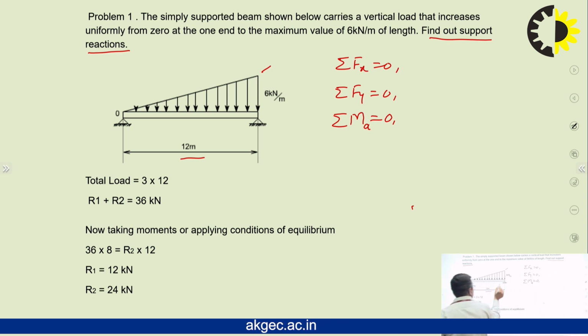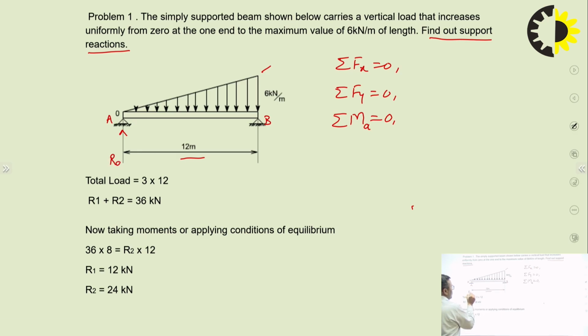So, here this is a simply supported beam. At this point, if I say this is the point A, this is the point B. At this point A, I found that there is one reaction force, that is Ra. On the point B, there is another reaction force Rb. We are not observing any horizontal reaction force.